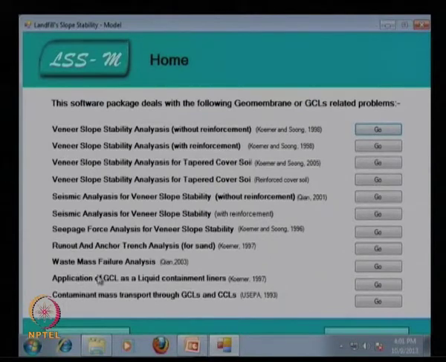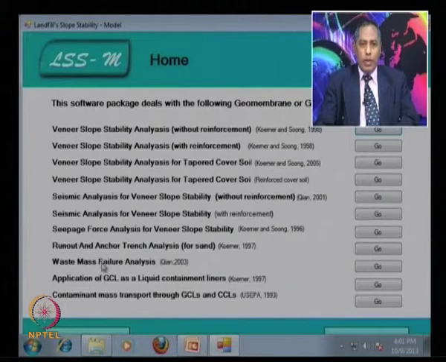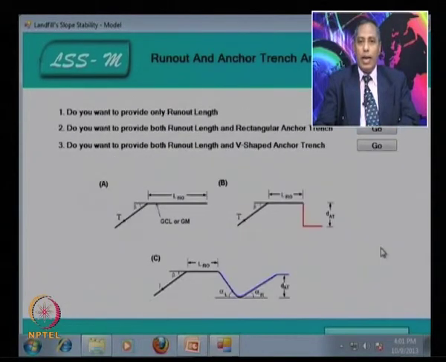So, now the run out and the anchor trench analysis of Koerner 1997, that is run out or anchor trench.